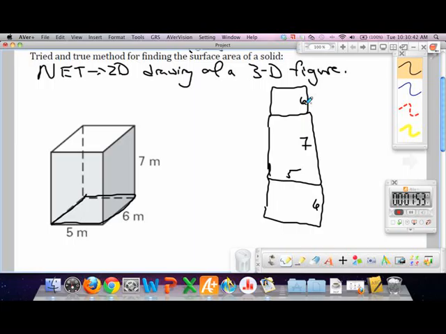I'm going to fold its partner out, which also has a length of 6. And then I have the front face that gets folded twice, which has a length of 5. This would be an example of a net for this rectangular prism.